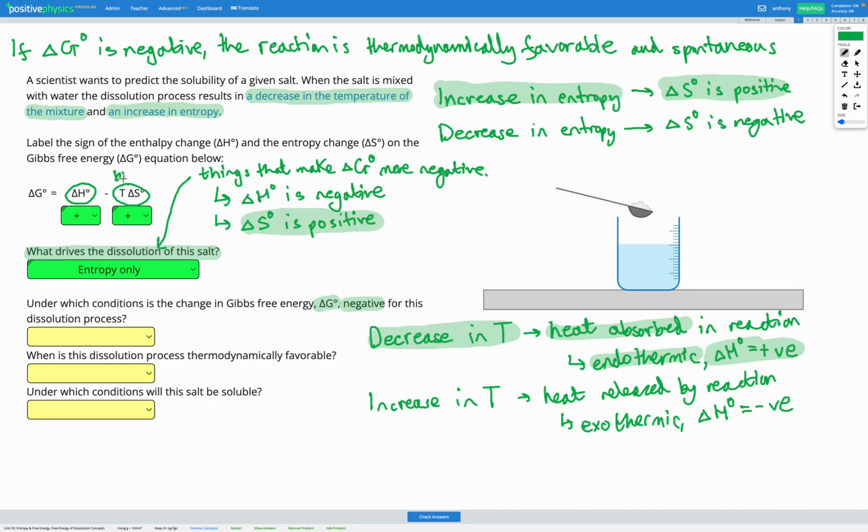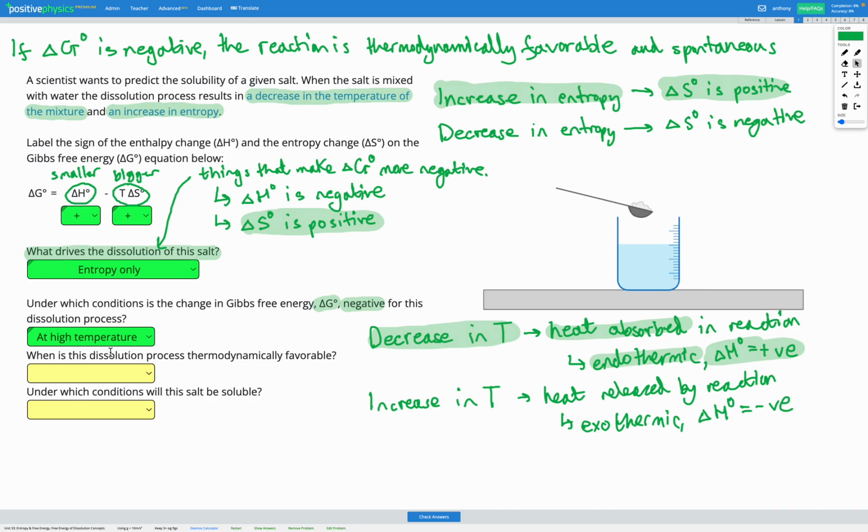We need this to be bigger and this to be smaller. So when we do a smaller thing and we subtract a bigger thing, we get a negative number. So that's going to happen if T is as big as possible, or in other words, if the temperature is as high as possible. So we want a high temperature in order for this part that's being subtracted to be bigger than this part. That will result in a negative delta G.